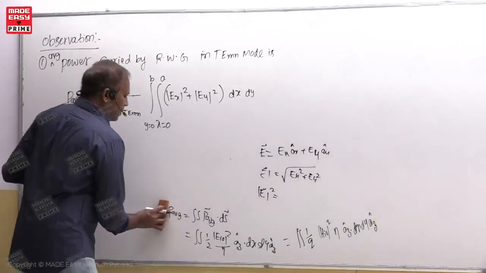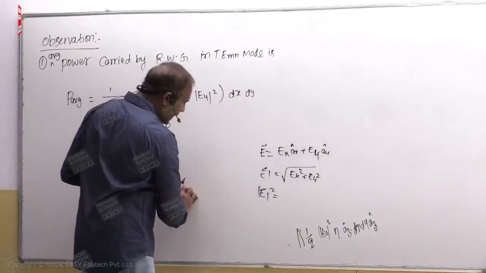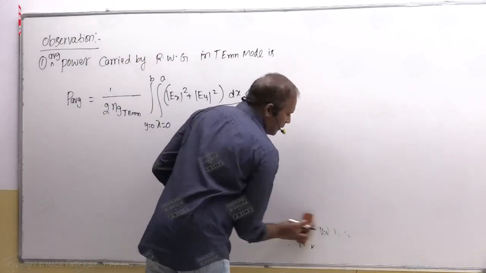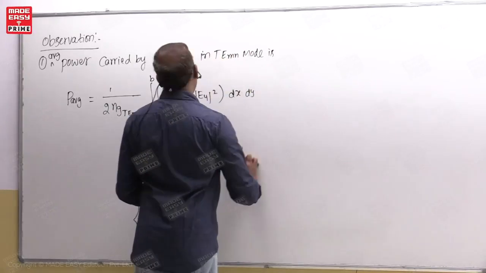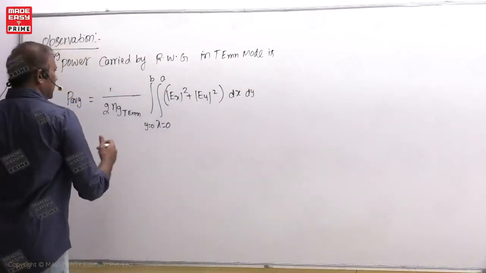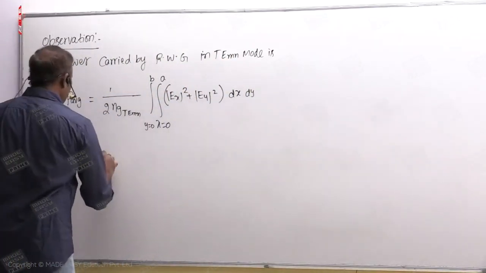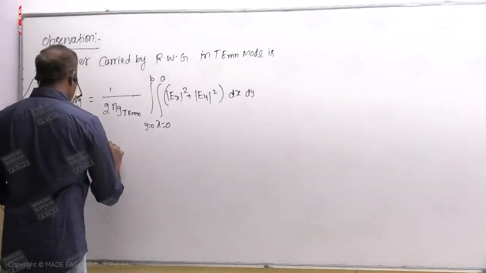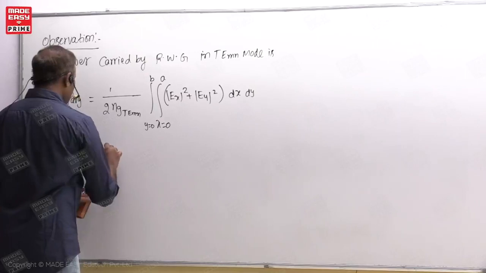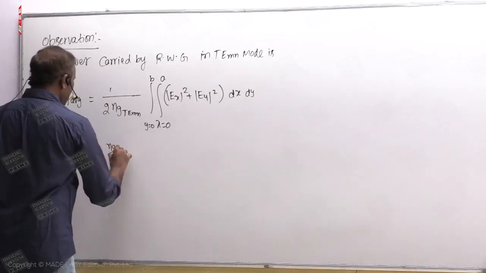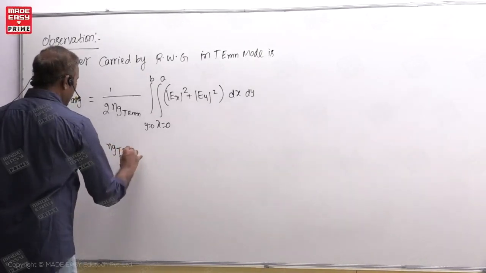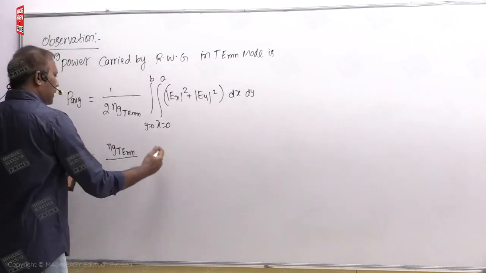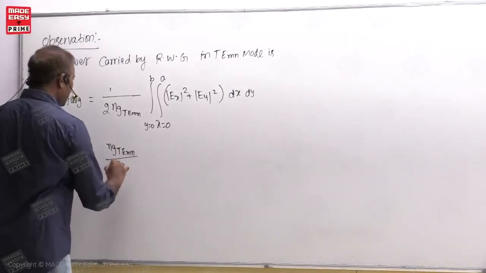So I am linking these formulas with the uniform plane wave. That is nothing but 1 by 2 eta g TEmn, impedance comes in the numerator if I use magnetic fields here.